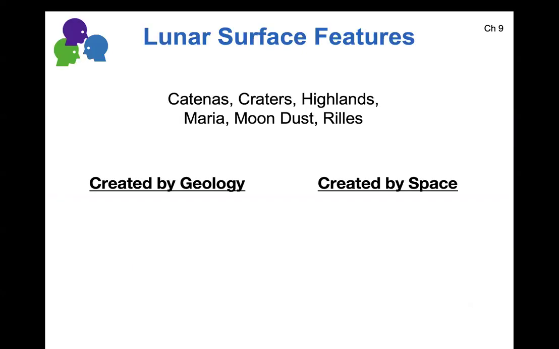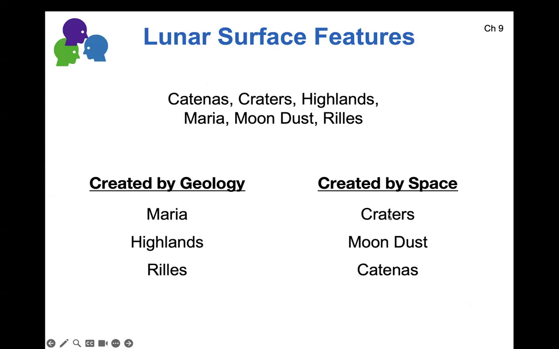All right. So some of the features on the lunar surface or on the moon: catenas, craters, highlands, Maria, moon dust, rilles. Lots of terminology here. Okay. So surface features that are created by geology, right?